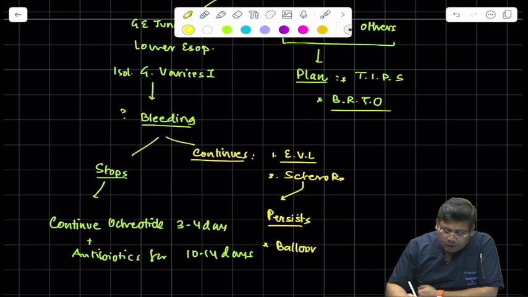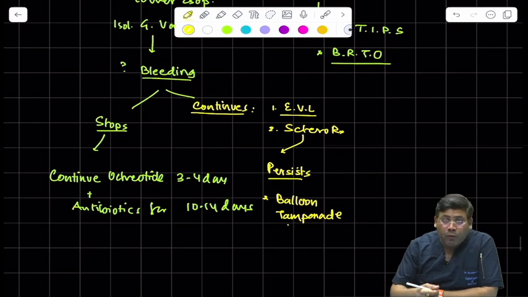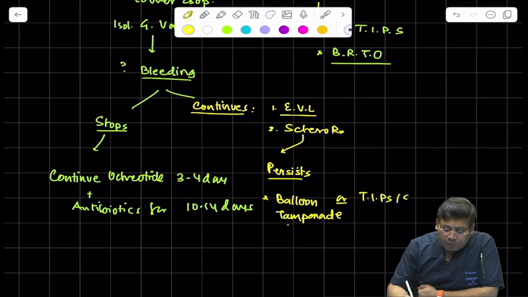I hope you know about that. If balloon tamponade fails, you can plan for TIPS, or you can plan for shunt, or devascularization surgeries. These are the options that we have.